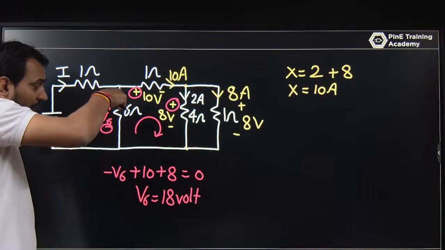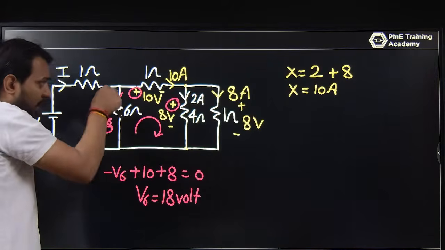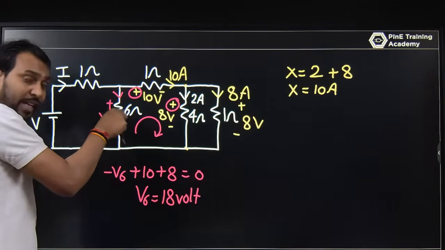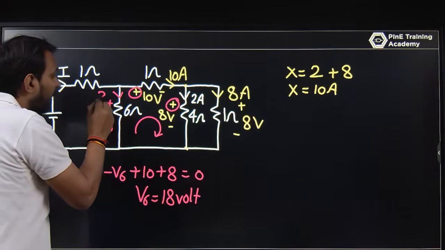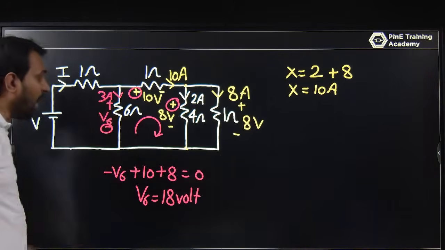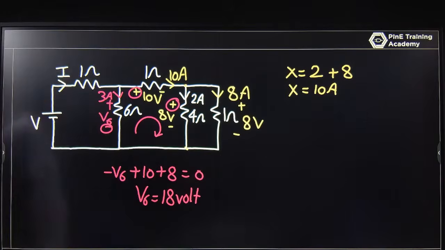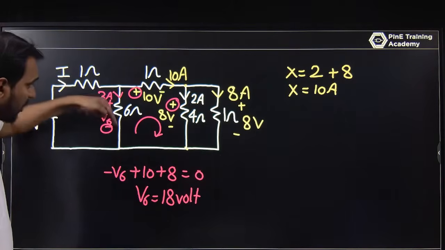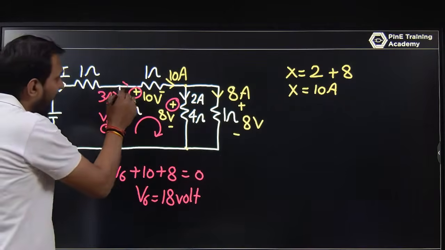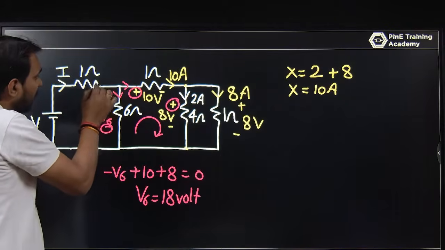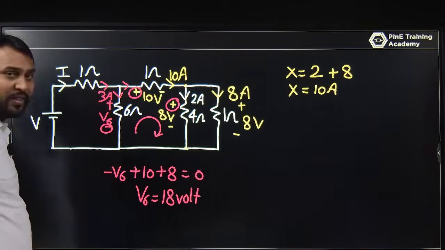And what is that current? That 18 volt is here, 18 by 6, that is 3 ampere. The 3 ampere is passing through 6 ohm. If 3 ampere is passing through 6 ohm and here you have a 10 ampere, so what is this I?